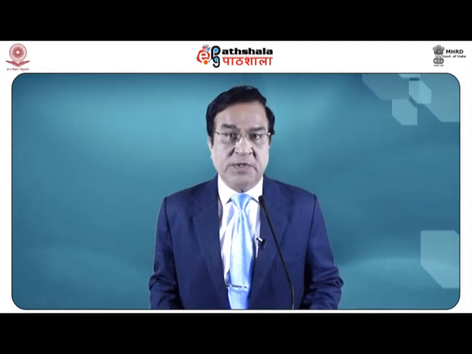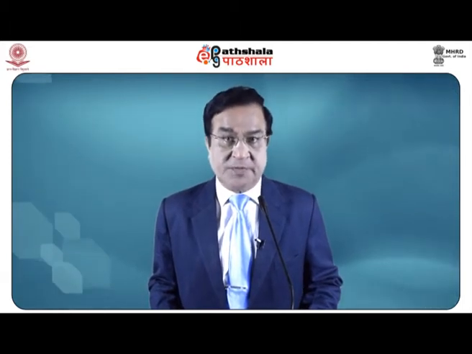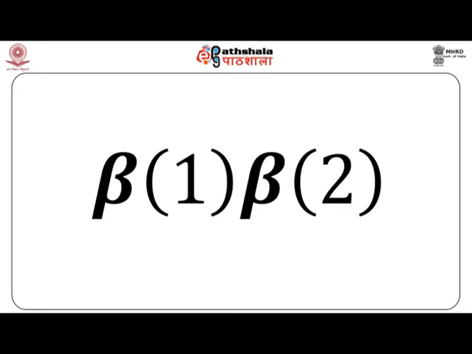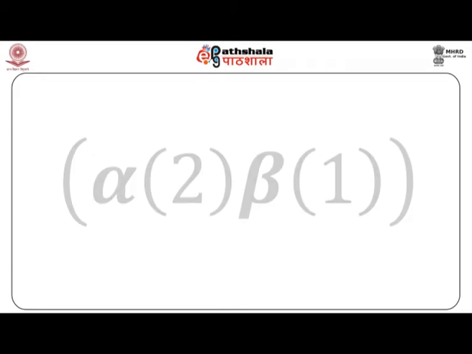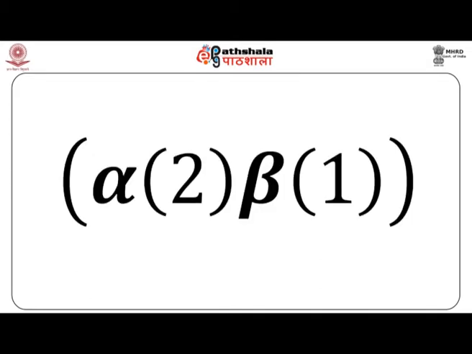If both electrons have downward spin, we call it beta 1, beta 2. The third possibility is that electron 1 has upward spin and electron 2 has downward spin. Another possibility is that electron 2 has upward spin and electron 1 has downward spin.